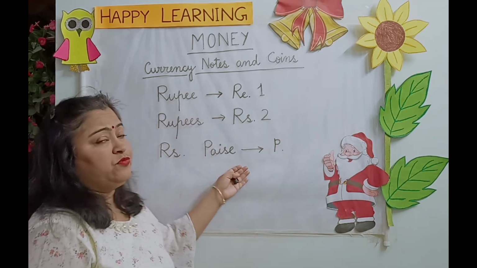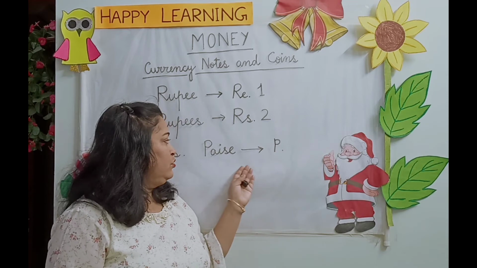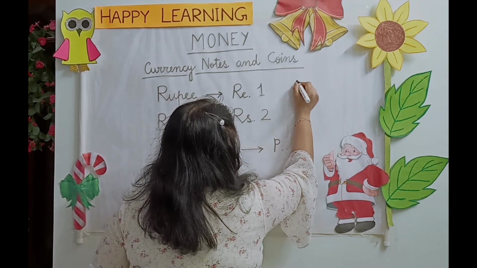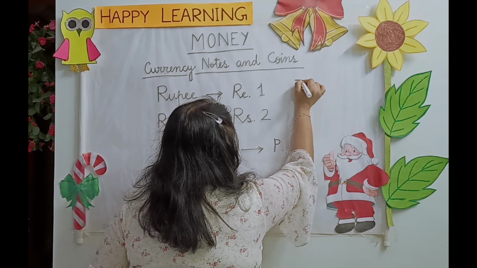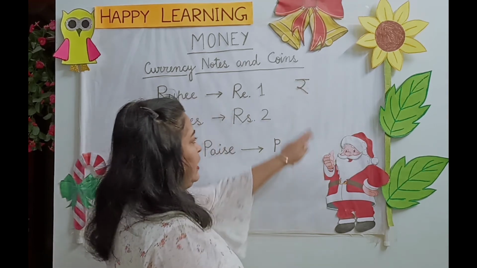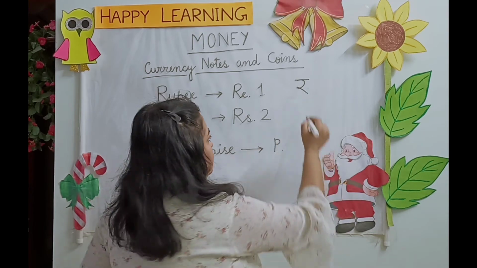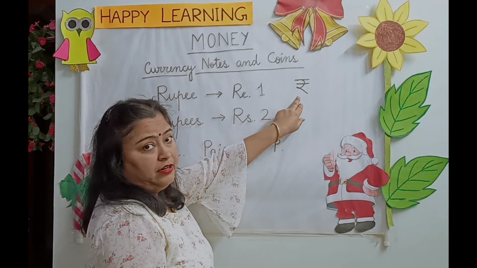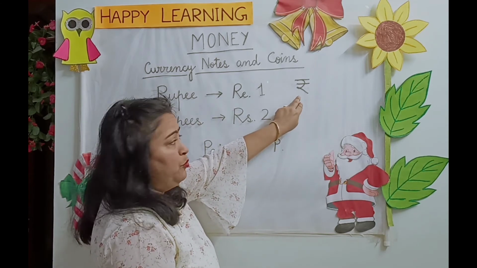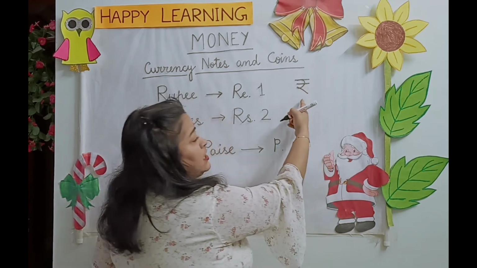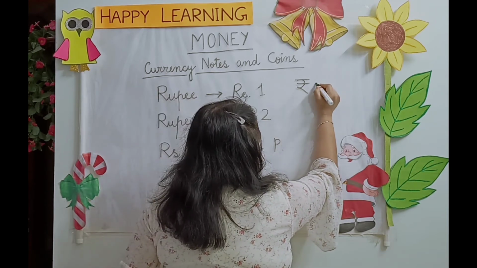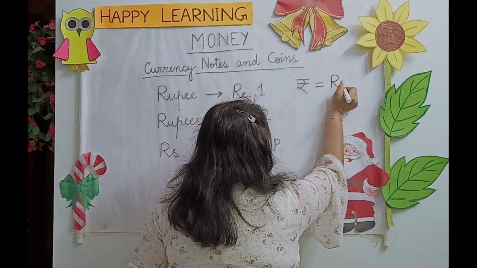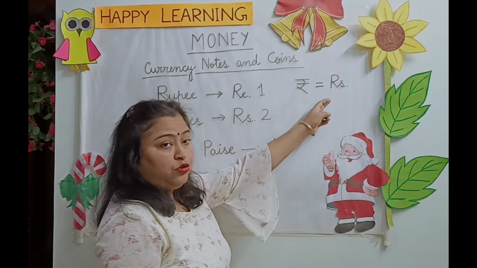Now we use one symbol also to denote rupee. This is the symbol of rupee. It looks like the Hindi alphabet R with a sleeping line which cuts the R. This is the symbol of rupees. This symbol of rupees is equal to RS, rupees.